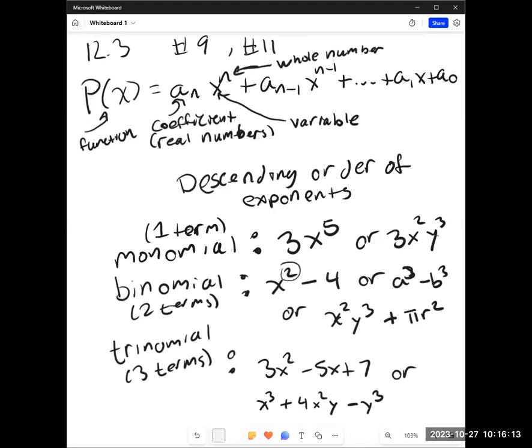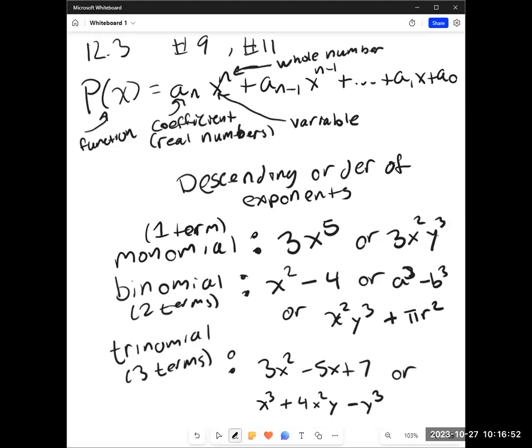This is degree 2 is the degree of that polynomial, because the highest exponent that I see here is 2. This polynomial here, the a cubed minus b cubed, is degree 3. Technically, this one is degree 5 because I have 2 and 3 add together to give me 5. So that's the degree of that term. If you get things with different letters in them, look for the term that has the highest exponent when you add the exponents together, like that.